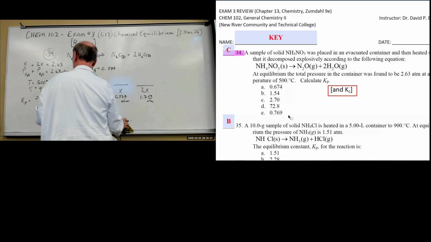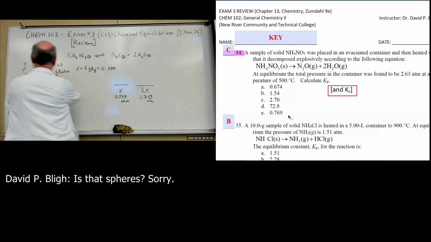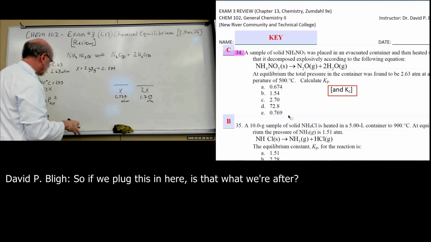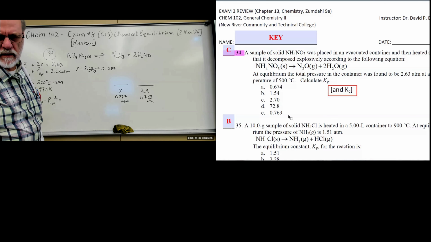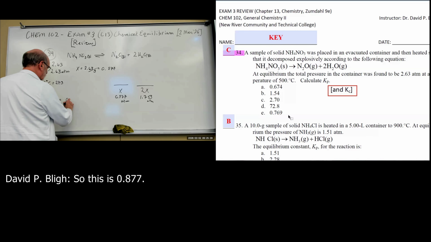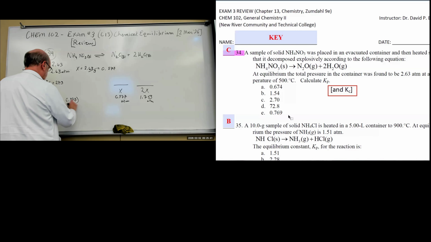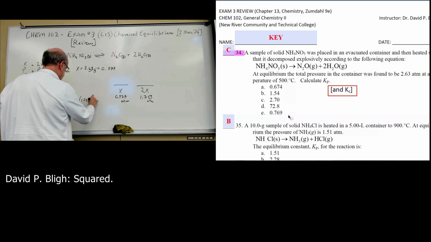Well, actually, it's moles. No, it's atmospheres. Sorry. So if we plug this in here, is that what we're after? Yeah, we're after KP. So this is 0.877, and this is 1.753 squared.